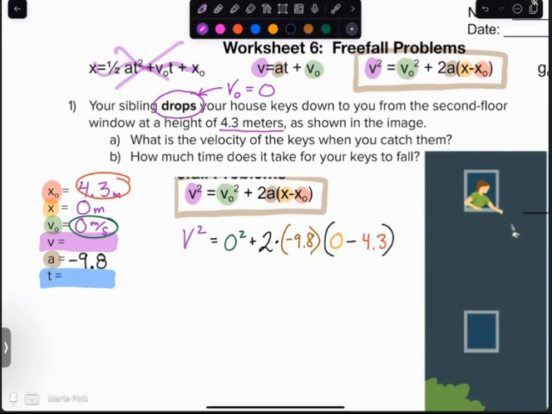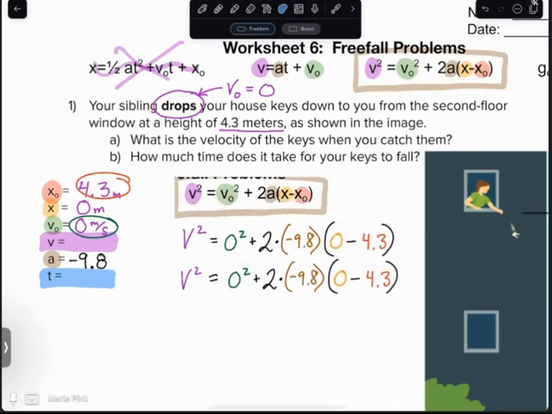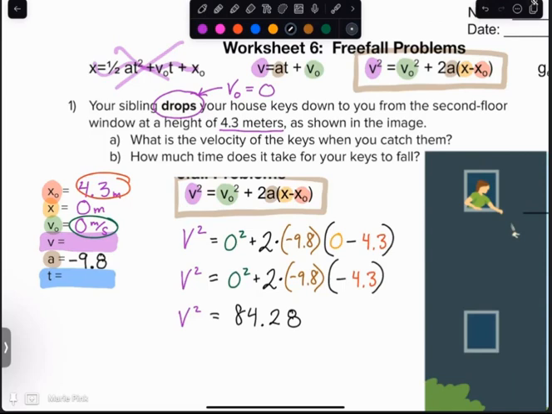And then I just need to plug this in. So I get v squared is equal to, well, I can think of this one way real quick. Well, 0 minus 4.3 is just negative 4.3. So that's the same as this. So I get v squared then is 84.28.